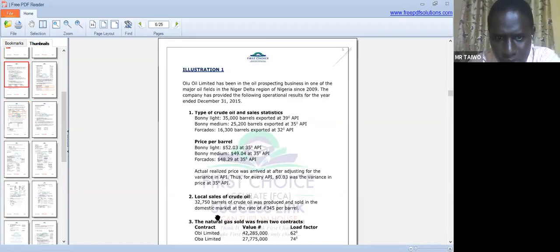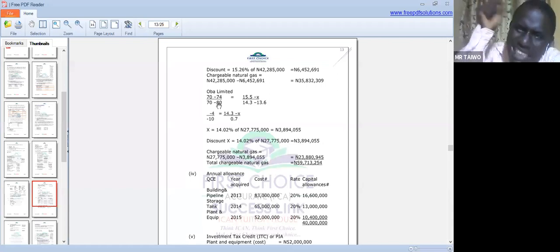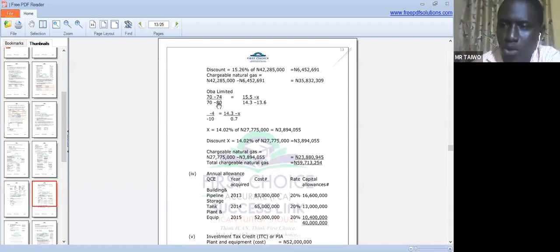Look at it. The load factor was 74. Therefore, how do you go about the computation of the G factor to get the discount rate? That will be 70 minus 74 over 70 minus 80. It is only that 74 that we are looking for that will be unknown. For 70, the G factor is 15.5. For the 74, we don't know.